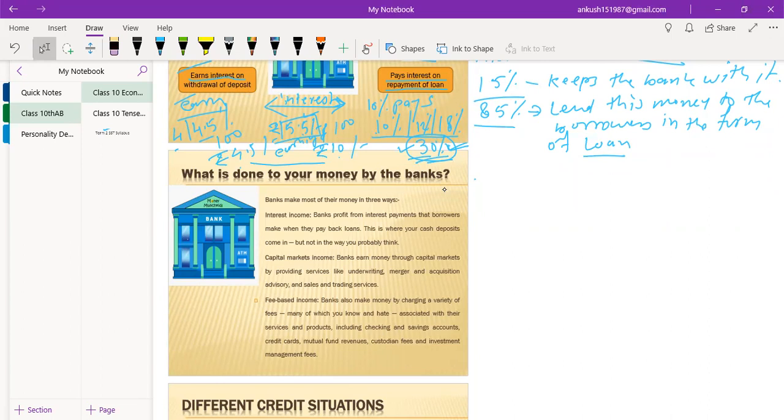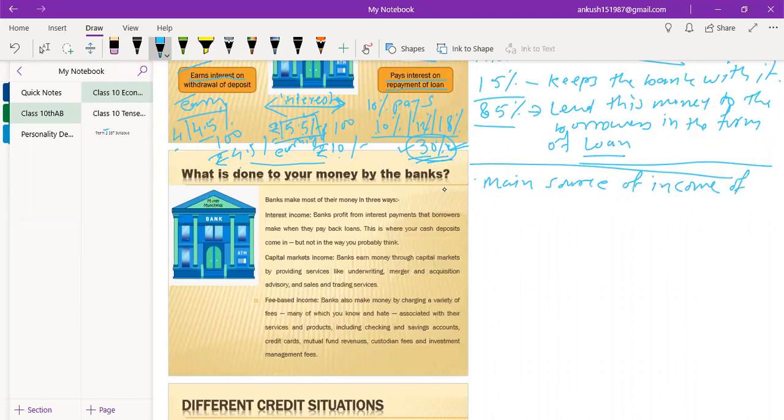Have you got the point? So what is the main source of income of the bank? Interest. Let us come back to the point. The main source of income of the bank is interest.